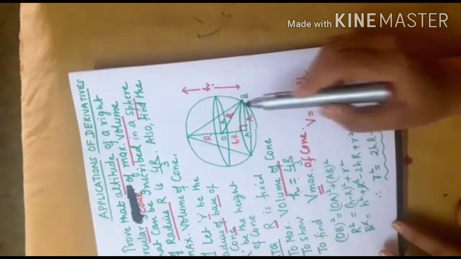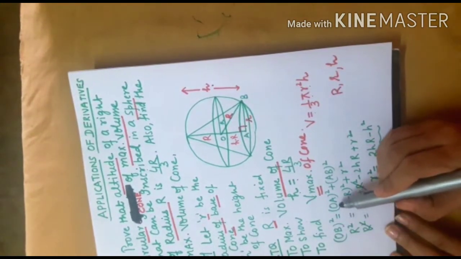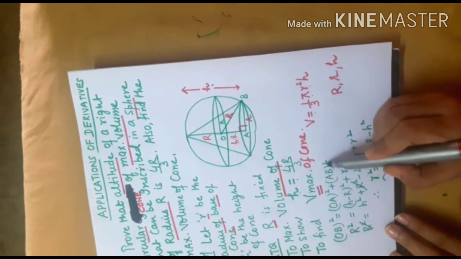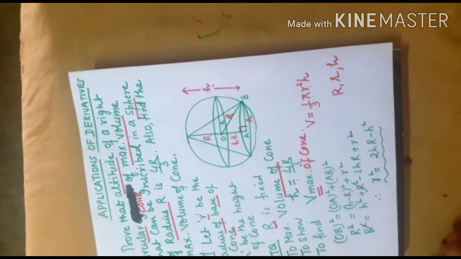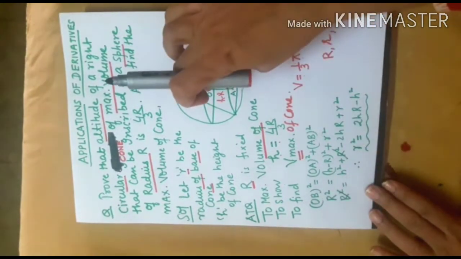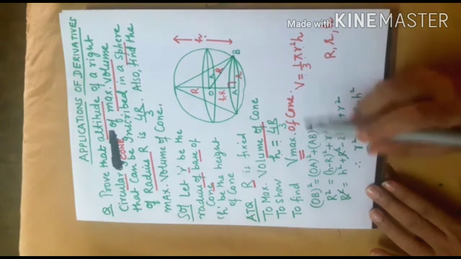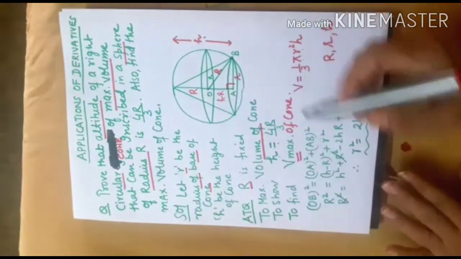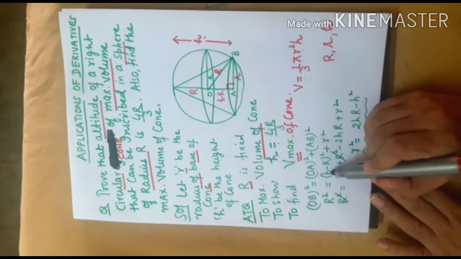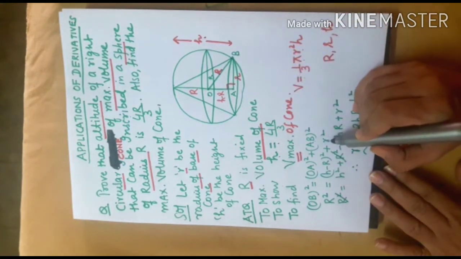Now in this triangle, we have square of OB is equal to square of OA plus square of AB. Here OB is equal to capital R. So I'll get R square equals OA is h minus R, so it is h minus R whole squared, and AB is equal to small r.